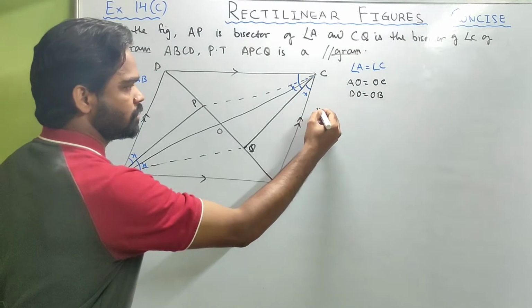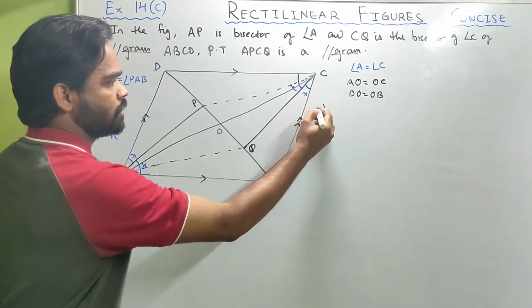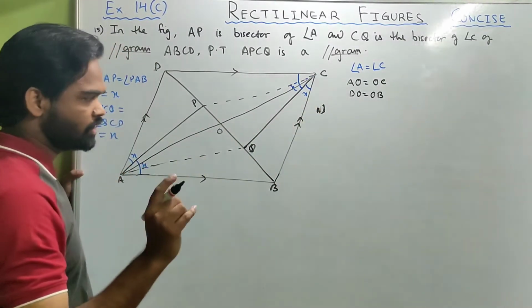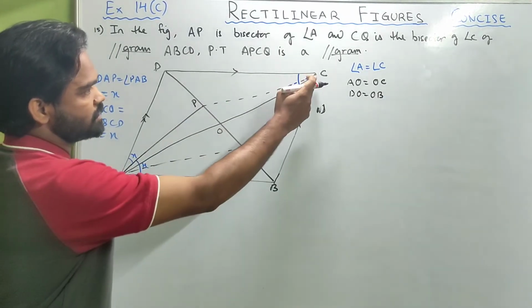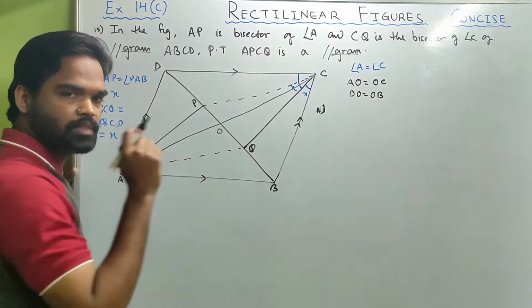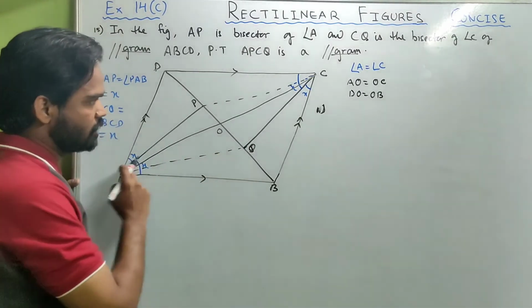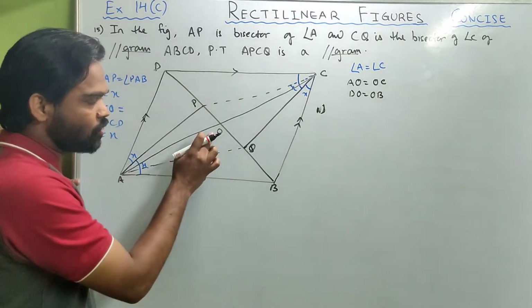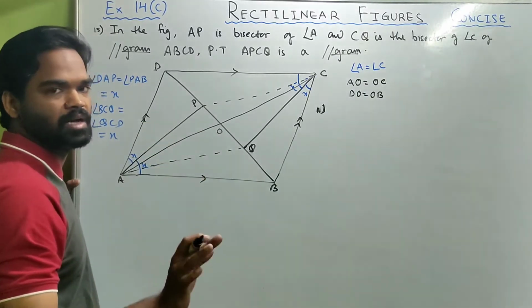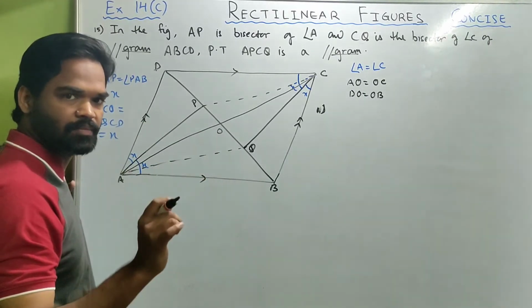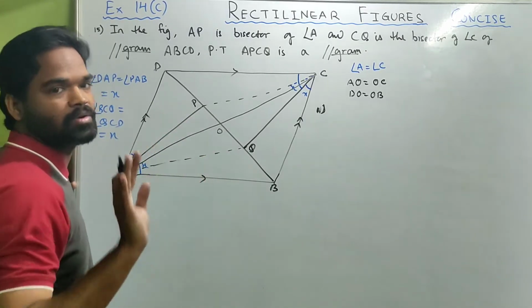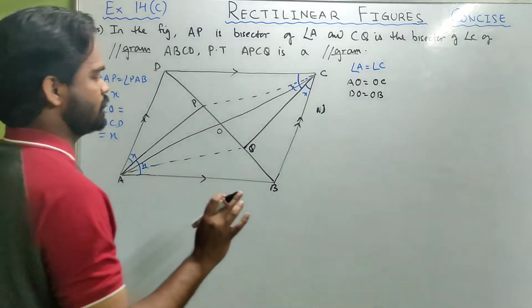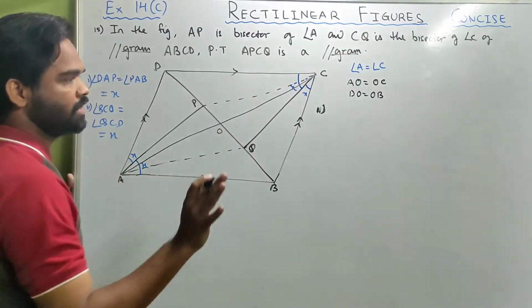Now just look. If we can show that in this quadrilateral APCQ, the diagonals bisect each other at O, then our work is done. Because in a quadrilateral, if the diagonals bisect each other, then the quadrilateral is a parallelogram. Now look carefully. AO equals OC is already given to us.